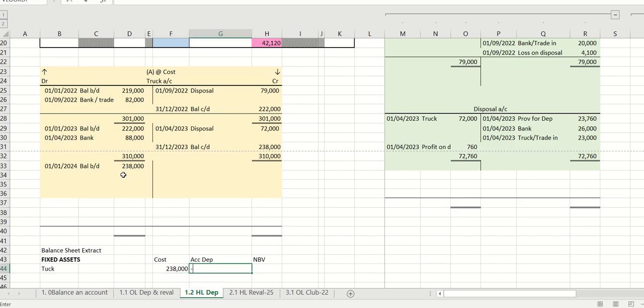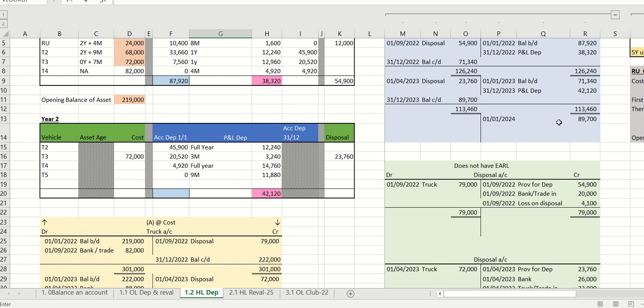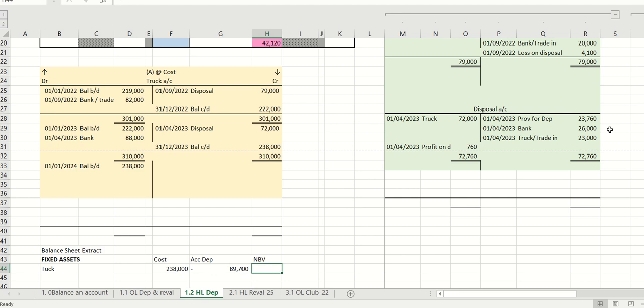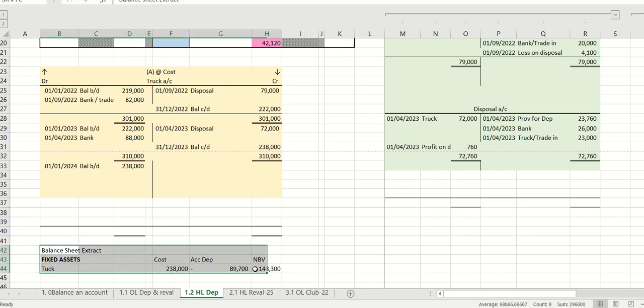The balance c/d from our provision or accumulated depreciation account, 89,700. So our net book value is 148. Really nothing difficult in that. So if you got it, we'd be very happy with it.